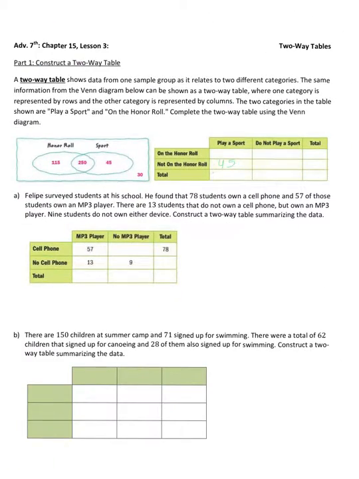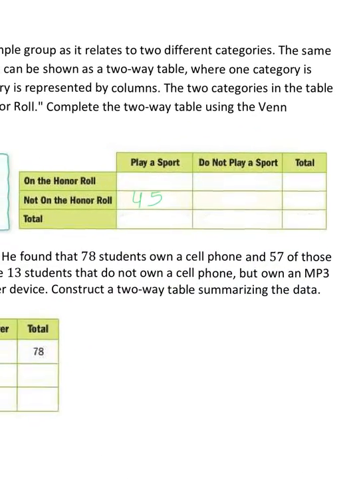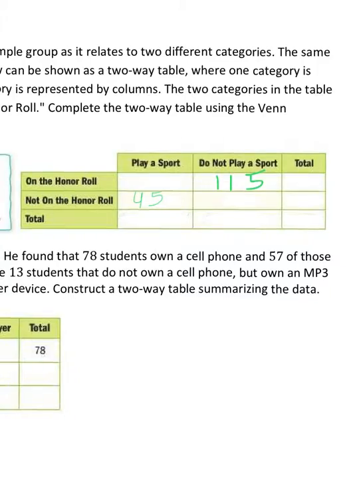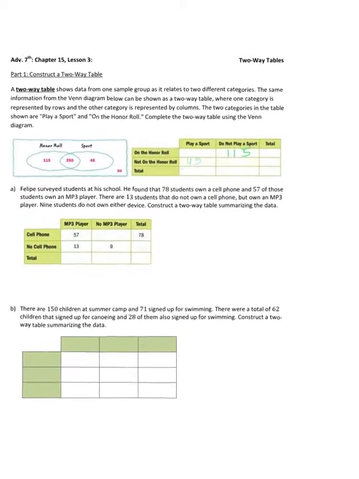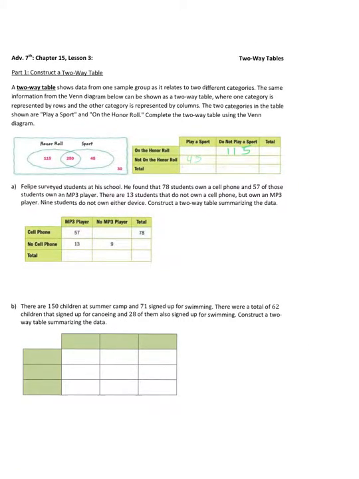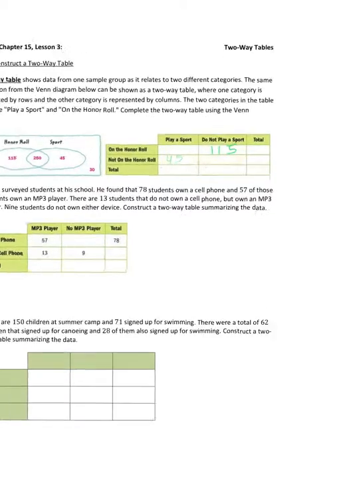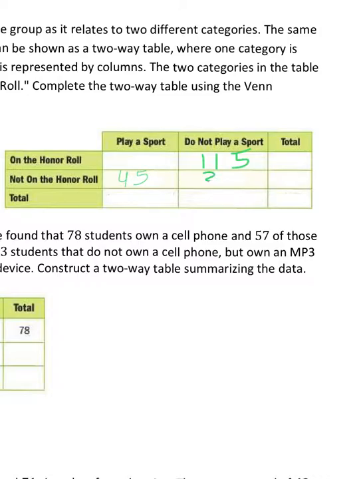Students 115, they're on the honor roll, but they do not play a sport. All right, so what else can I try to fill in from here? The 30 goes somewhere. It's students that are not on the honor roll and they don't play a sport. They're still included in class.